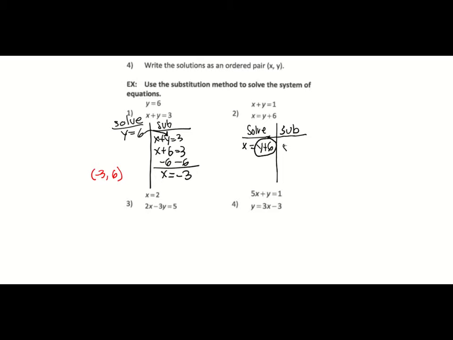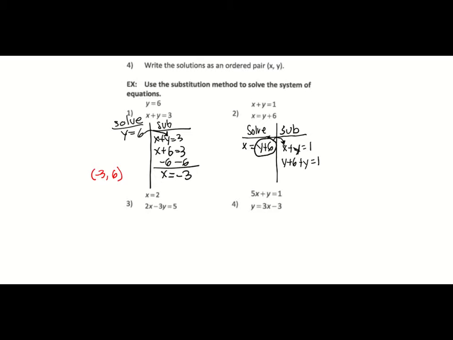If I have x plus y equals 1, I'm going to take that y plus 6 and replace it with my x. So when I do that, I get y plus 6, so that goes in place of my x. Then I still have plus y equals 1.